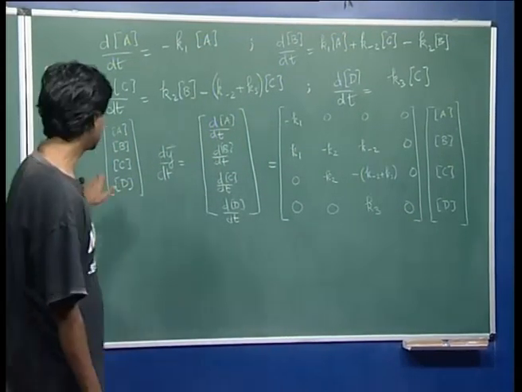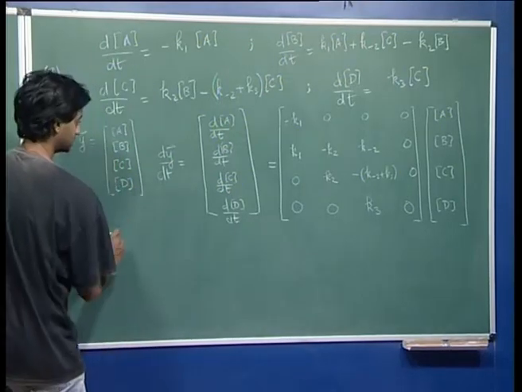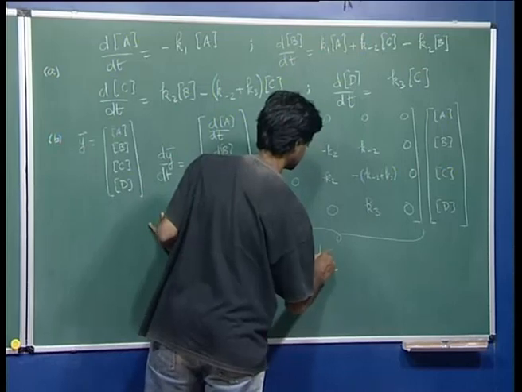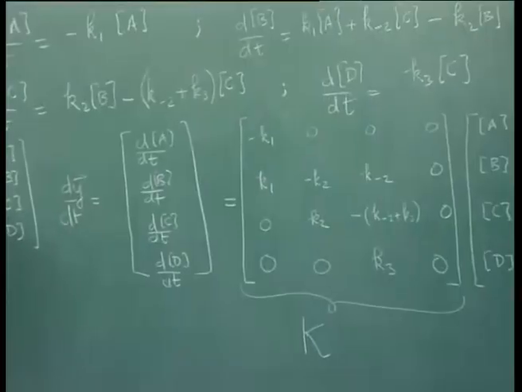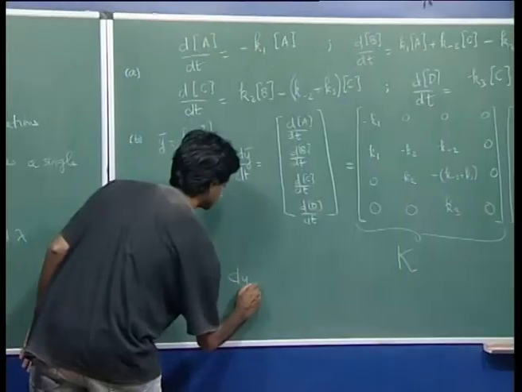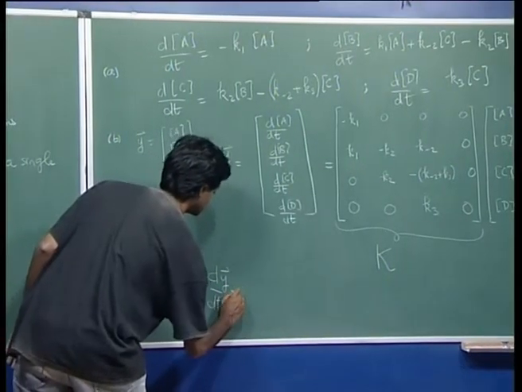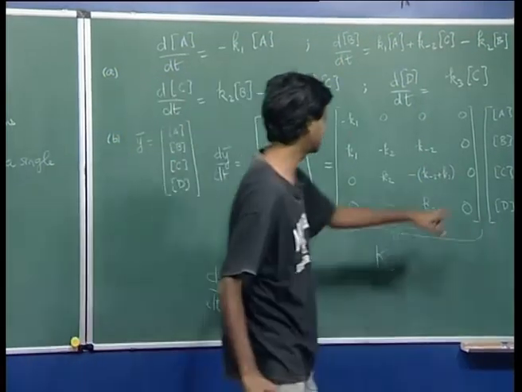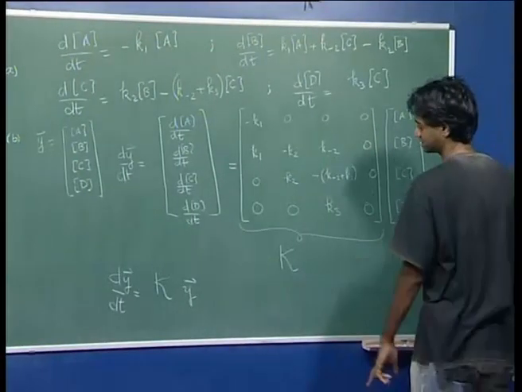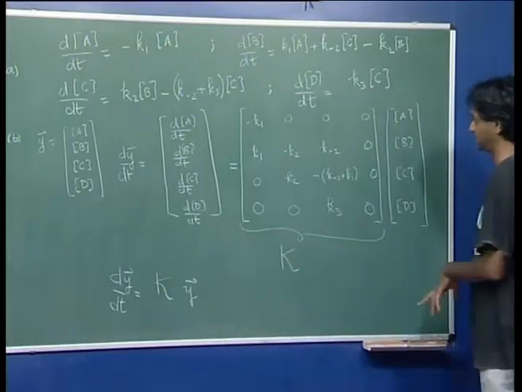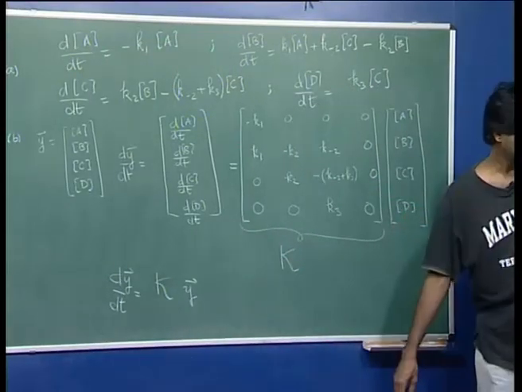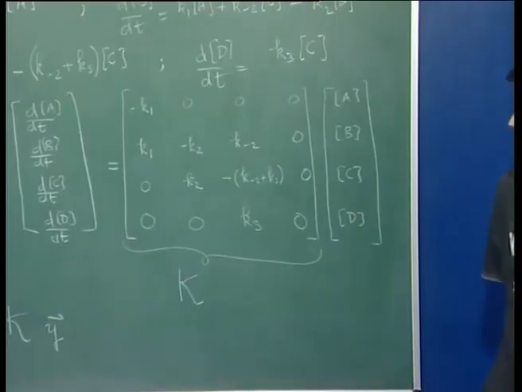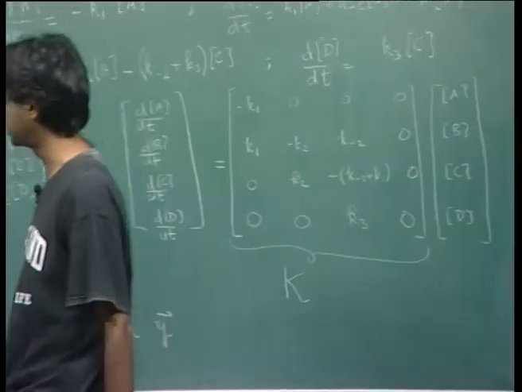So, if I call this matrix capital K, then I can write dy by dt is a matrix K times y, because this is simply the y vector. So, this completes part B of the problem.